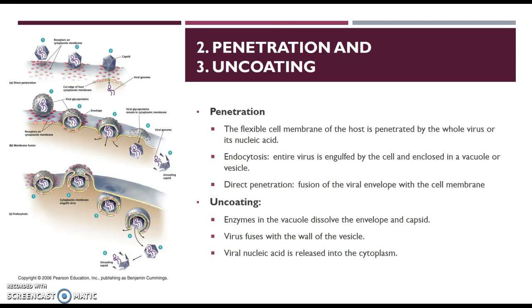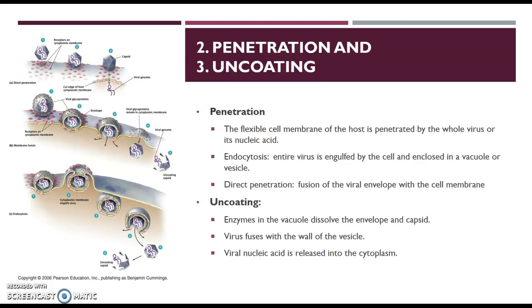Steps 2 and 3 are penetration and encoding, and this can happen in a number of different ways depending on the virus itself. So penetration can happen either directly through the fusion of the virus envelope with the cell membrane or through endocytosis.